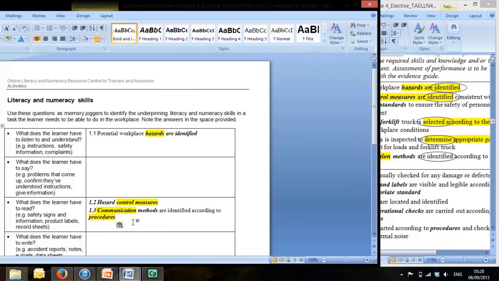Now, we would also then have to apply a workplace context to this. So we would have to go to Mike's OH&S procedures, occupational health and safety procedures, and look to see what methods of communication are used. So we'd look at the signage that's outlined. We'd look at the verbal communication.